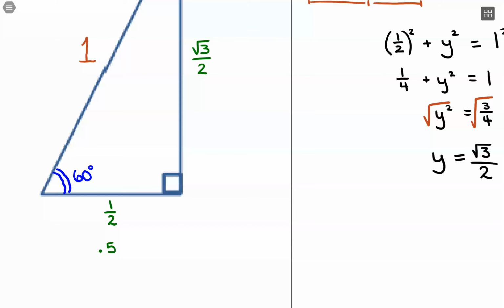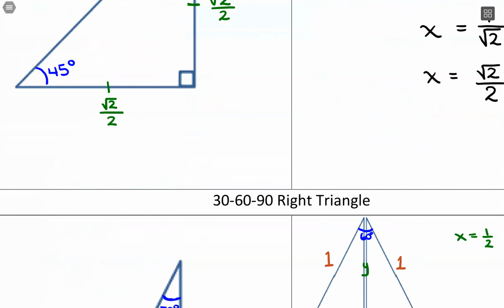And the square root of 3 over 2 with the decimal approximation is about 0.87. So you have this idea of short of about 0.5, long of about 0.87. Our hypotenuse is 1, so they both should definitely be shorter than 1. And I'll go ahead and write the decimal approximation for square root of 2 over 2. It's just numbers that I like to keep in mind as we deal with these as exact values. So this is about 0.71.